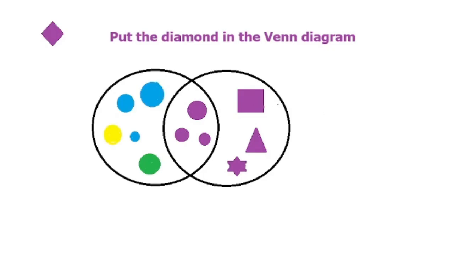So you have these two big black circles, right? And in this circle here, all the shapes are circles. And in this big circle, all the shapes are purple.